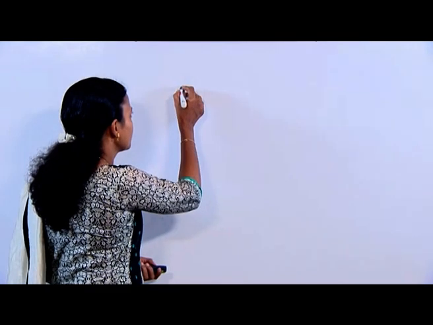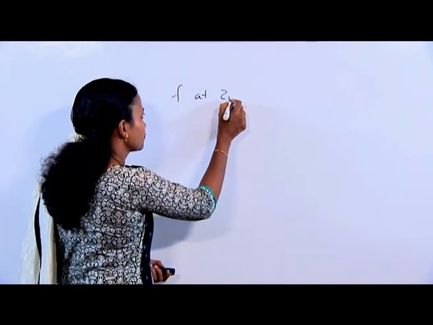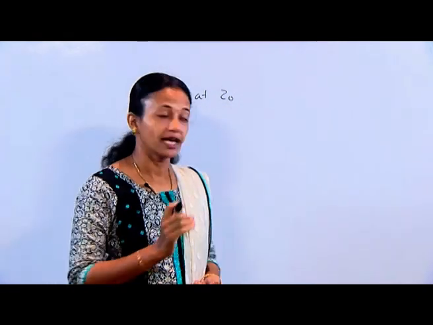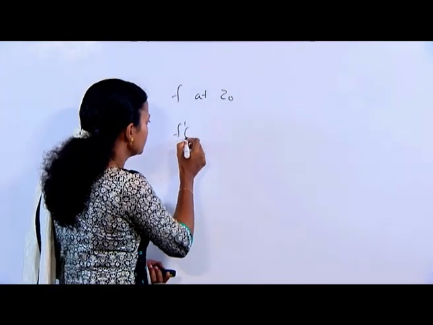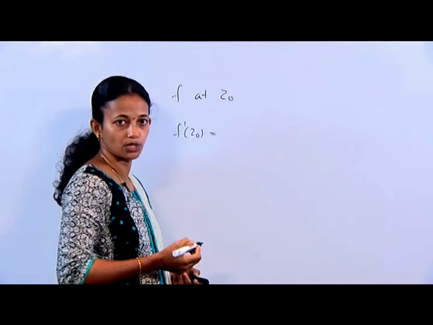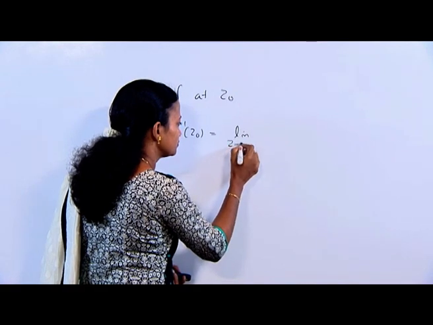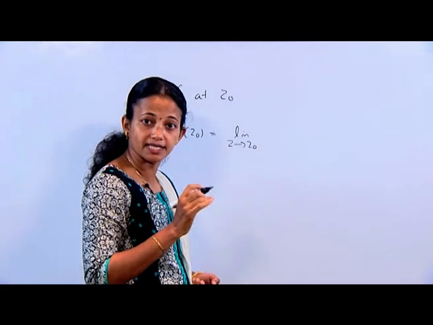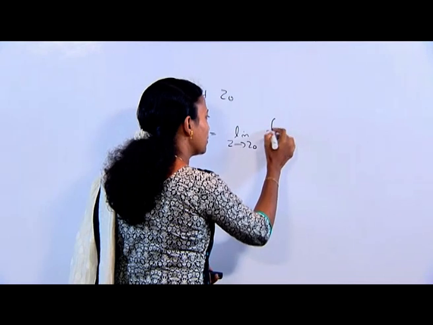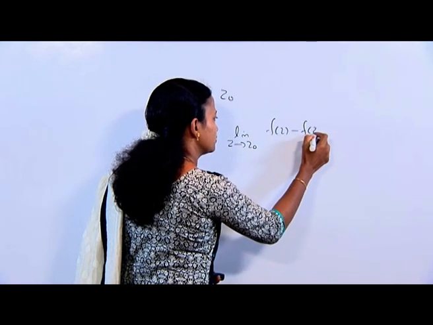We have seen that if f is a function whose domain of definition contains a neighborhood of a point z0, then the derivative of f at z0 is f dash z0, which is equal to the limit as z tends to z0 of (f of z minus f of z0) by (z minus z0).